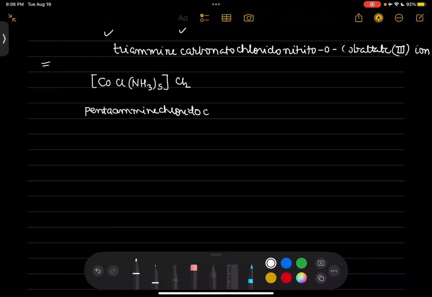What is the charge on cobalt? Let it be X. Cl is -1. NH3 is 0. There are two Cl outside the square bracket, -2. And the sum total is 0.